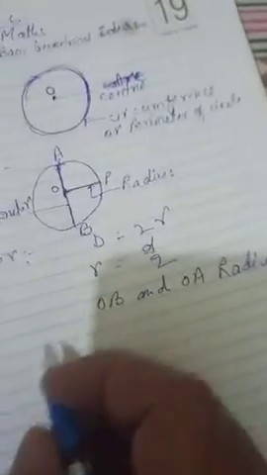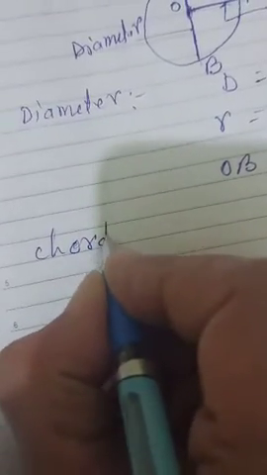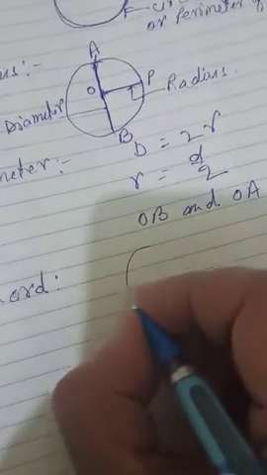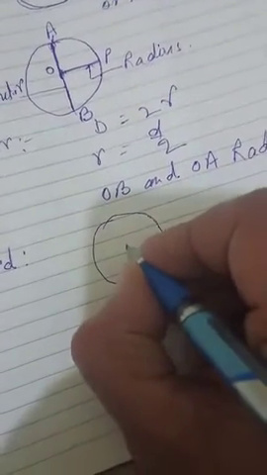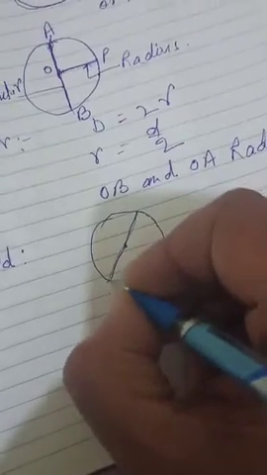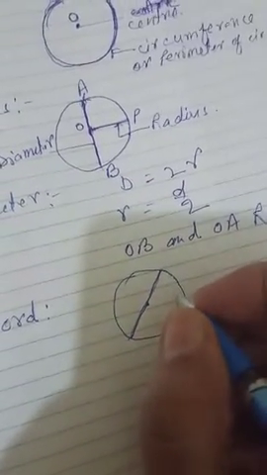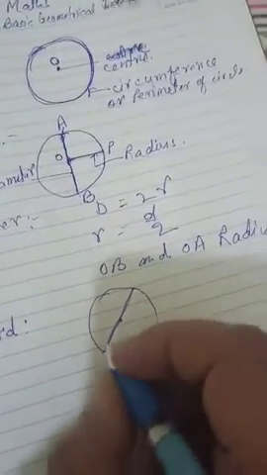Now let us take a chord. In the circle, suppose this is your circle and this is the center. The longest chord of the circle is the diameter.